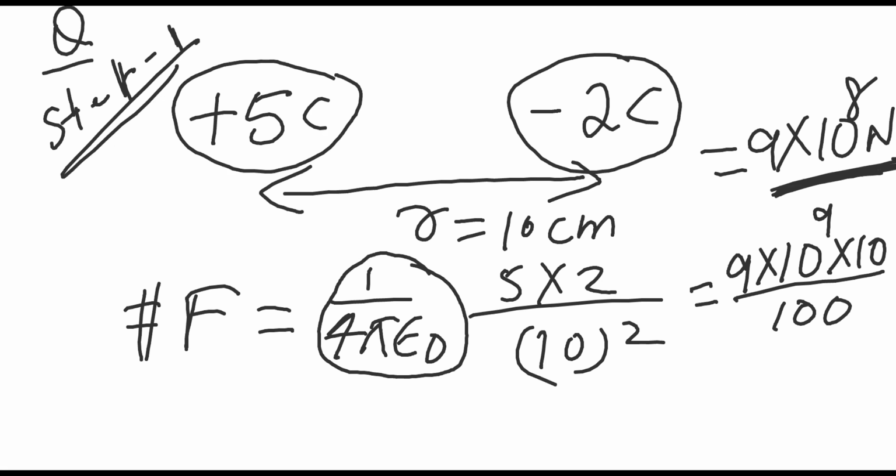Okay, everyone. Now let me analyze. One thing students are having doubt: why, sir, are you not putting the minus 2 here? Always remember, I am calculating the magnitude of force. Whenever you are calculating magnitude of force, no need to put the minus. Whenever writing in vector format, that means if you are calculating a vector, then put the minus. But for magnitude of force, if it is minus 2 or minus 5, you don't put the minus. Only the scalar you take, 5 into 2, that's all.